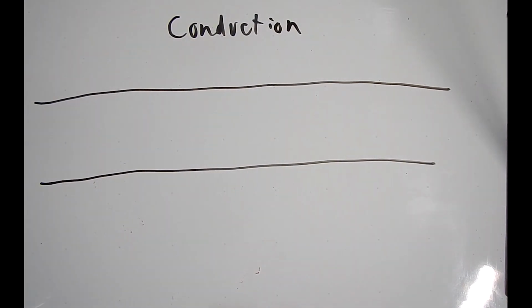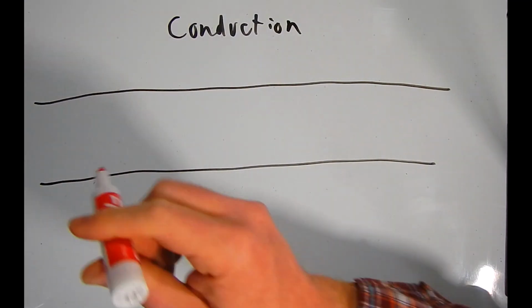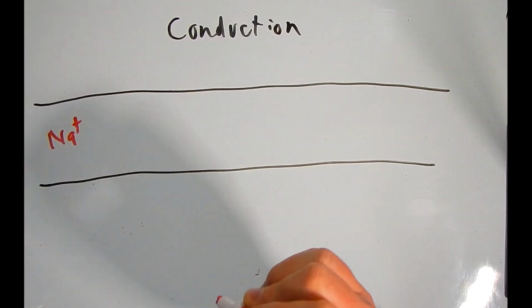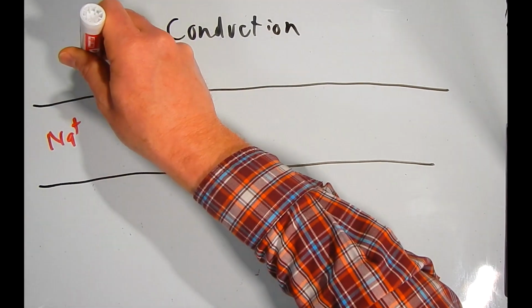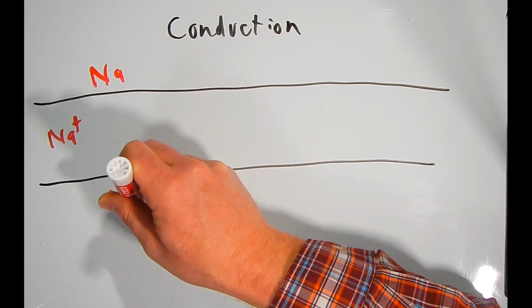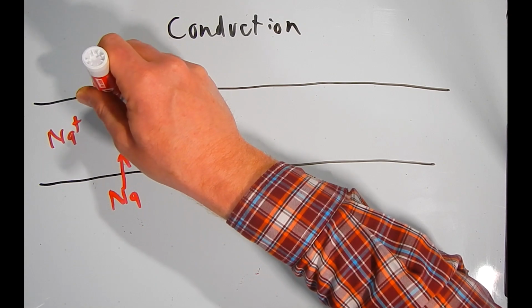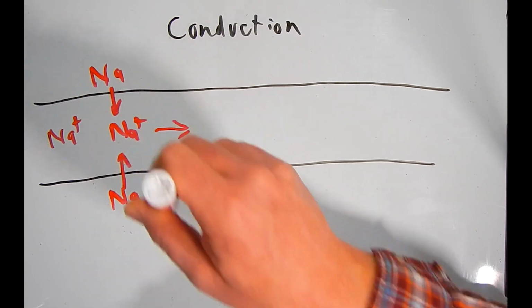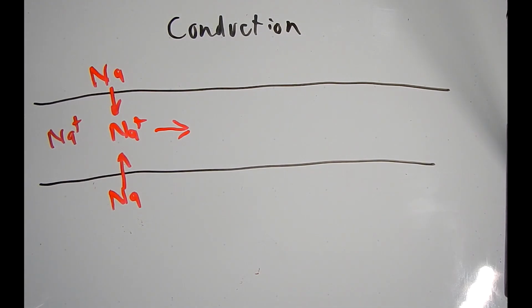That conduction will happen as you have initially an amount of sodium that comes in, causing a depolarization, allowing additional sodium to enter. That creates locally a high concentration of sodium, which can then diffuse down the length of the axon.